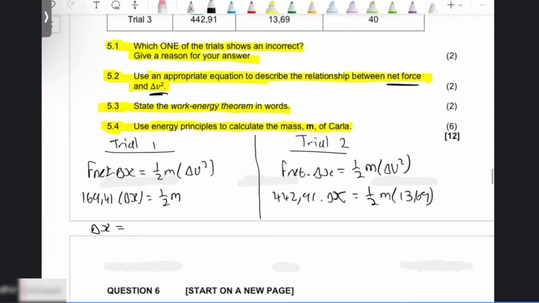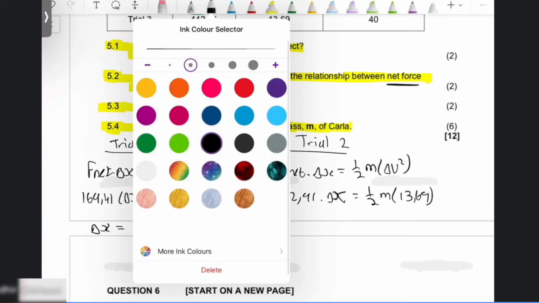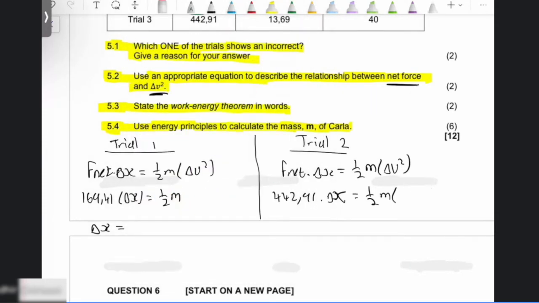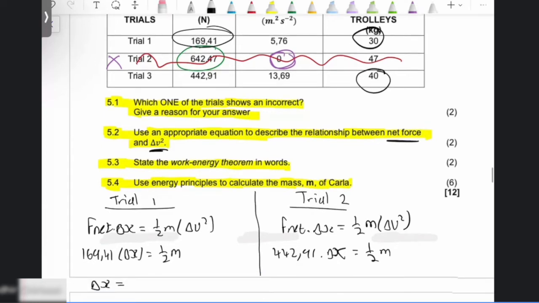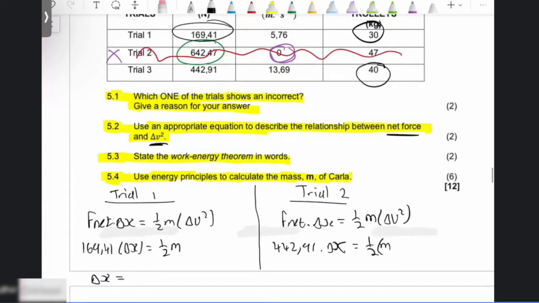The masses here, sorry guys. Masses here, this is the mass of the trolley. The mass of the trolley is 30, and here the mass of the trolley is 40. So we should actually, because we want the mass of her, for the first one, it's mass of her plus 30 times that 5.76, and here it's the mass of her plus 40 times the 13.69.